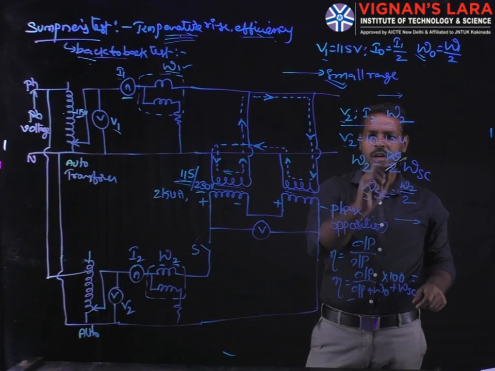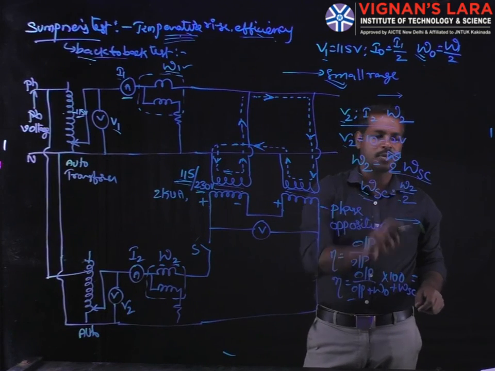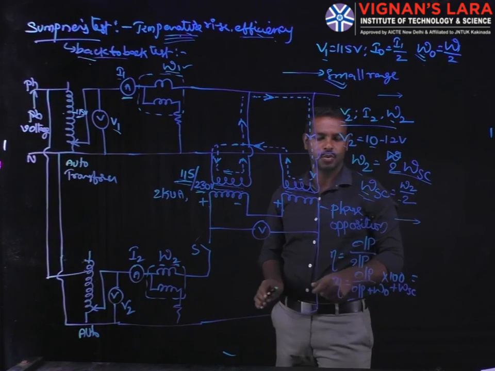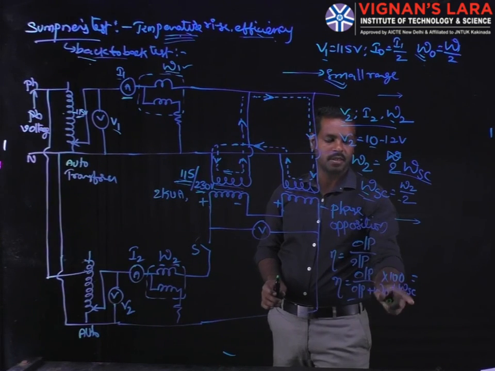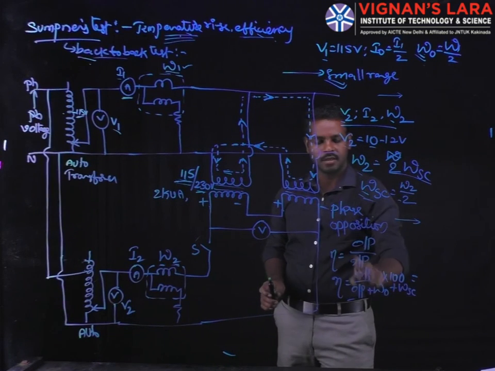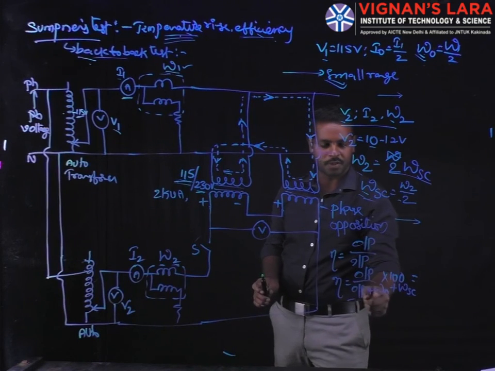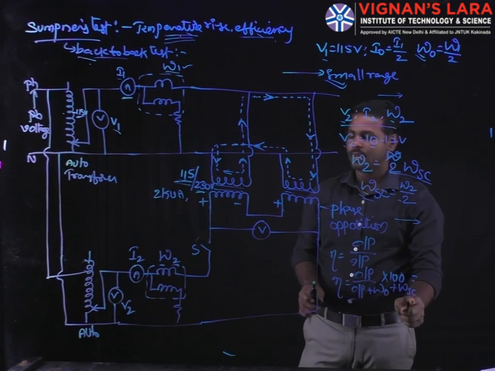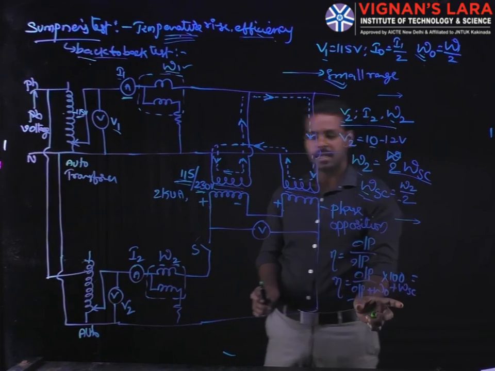V2 is a small voltage, W2 is equal to 2 WSC, so WSC is equal to W2 divided by 2. Efficiency is equal to output divided by output plus losses. These two losses are calculated by the Sumpner test. So output is V2 I2 cos phi 2 divided by V2 I2 cos phi 2 plus W0 plus full load copper losses. This is the efficiency.